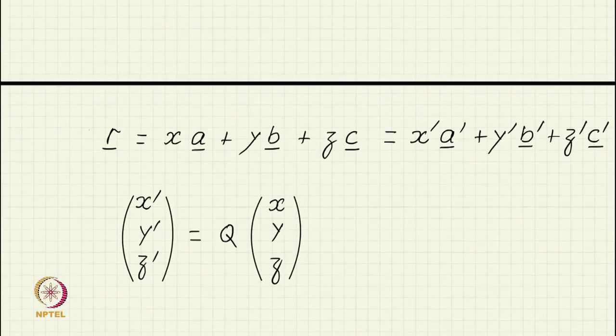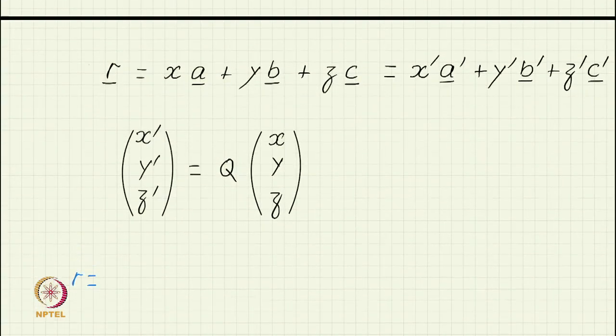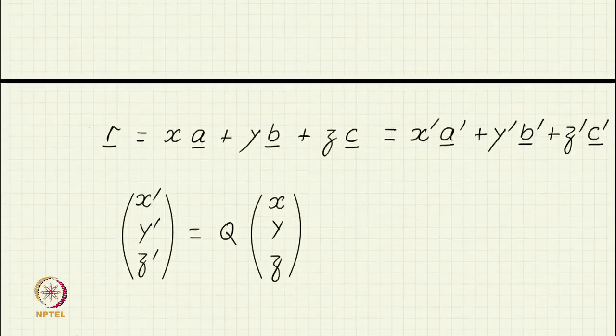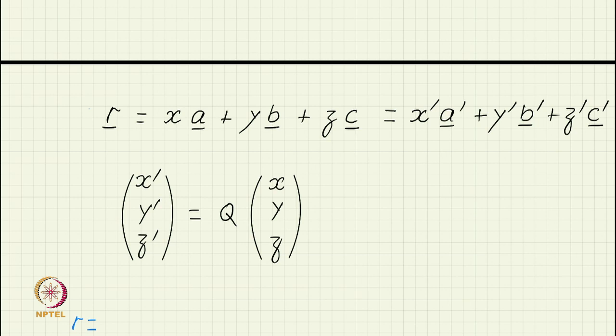Now, what we really want to relate is the old coordinates. So, there is a vector R. So, let us say an old basis vector A B C, and then the new basis vectors, let us say A prime, B prime and C prime.